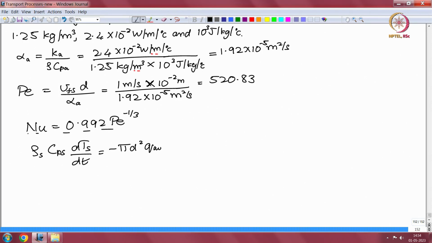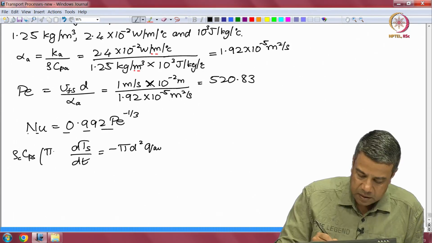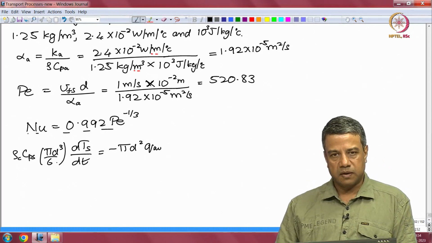This I should actually multiply by the volume, into pi d cubed by 6. Pi d cubed by 6 is the volume of the sphere.